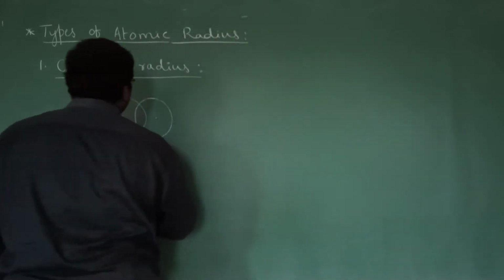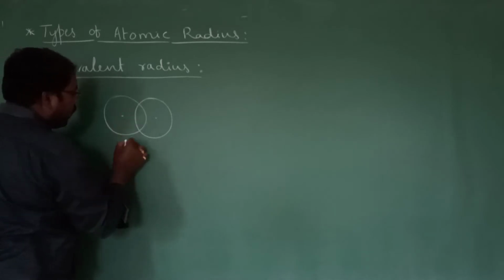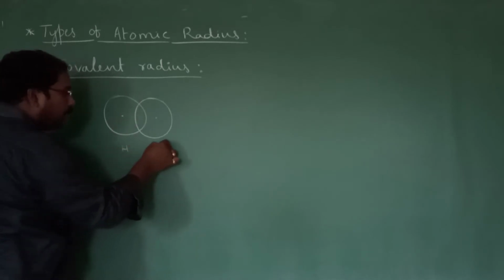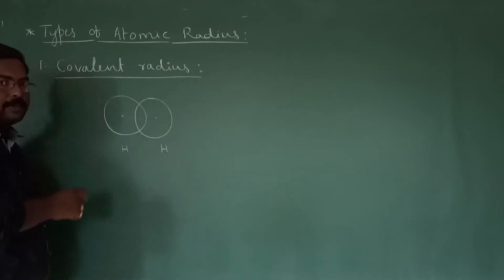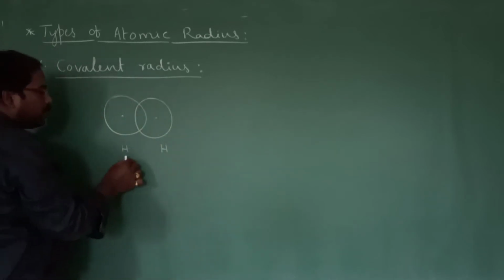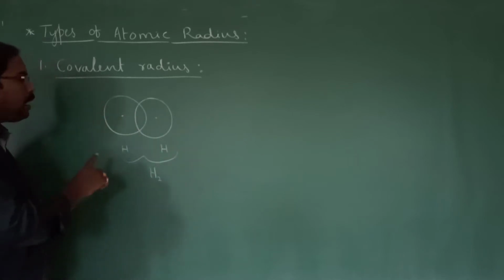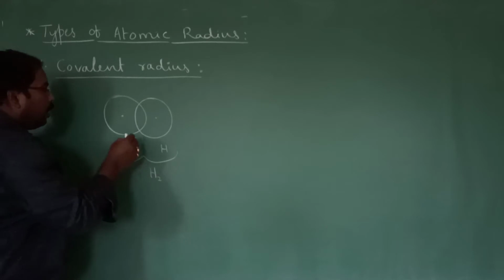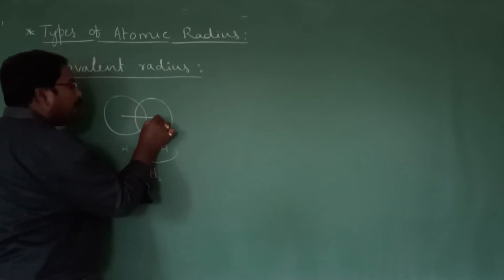Now, in the case of these covalently bonded atoms, for example, I have taken the H2 molecule. This is one hydrogen atom, this is another hydrogen atom. Overall, this is an H2 molecule. So, both are hydrogen atoms. Using X-ray diffraction studies, what can we measure?